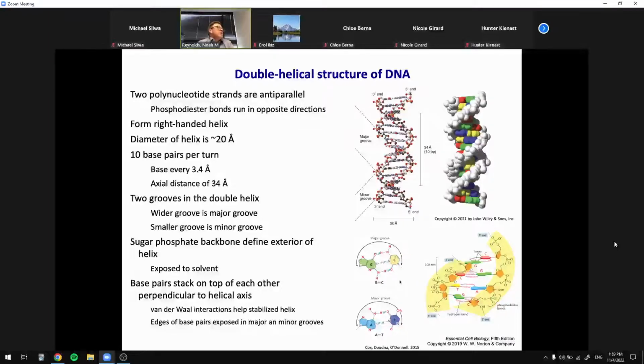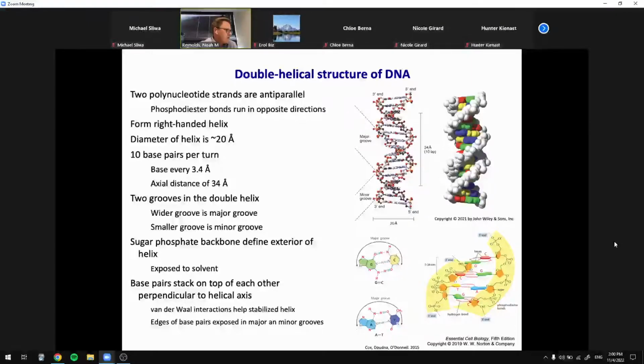Okay, and then DNA is not single-stranded, it's in a double-stranded helix form. I didn't say it explicitly at the beginning, but I got to it later: this slide is covering the B form of DNA, right?